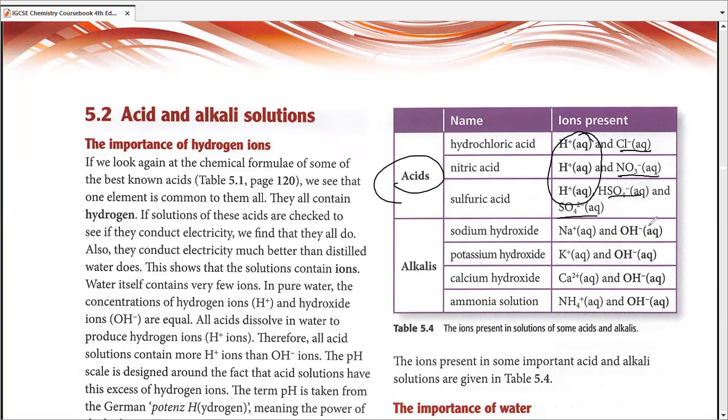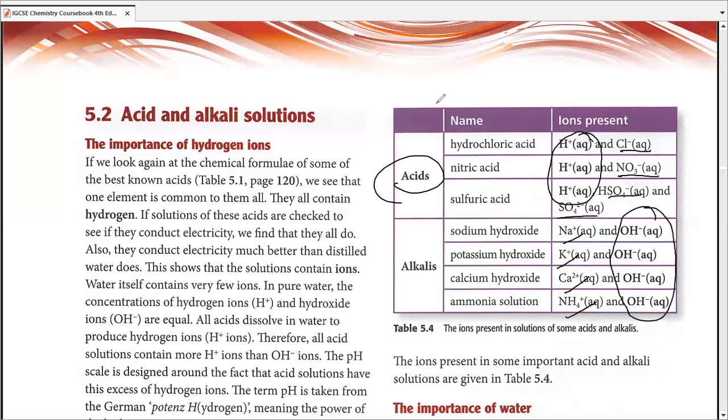You would find something common in alkalis, and that is OH negative or hydroxide ions. Pretty easy, no matter whether it contains sodium positive or potassium positive or calcium positive or even ammonium positive ions, it definitely consists of the negative hydroxide ions. All right, so that's the way to bifurcate the ions in an acid or an alkali. Remember, bifurcation of ions for different acids or alkalis, as some of them are written over here and not all of them, has been a part of past papers.